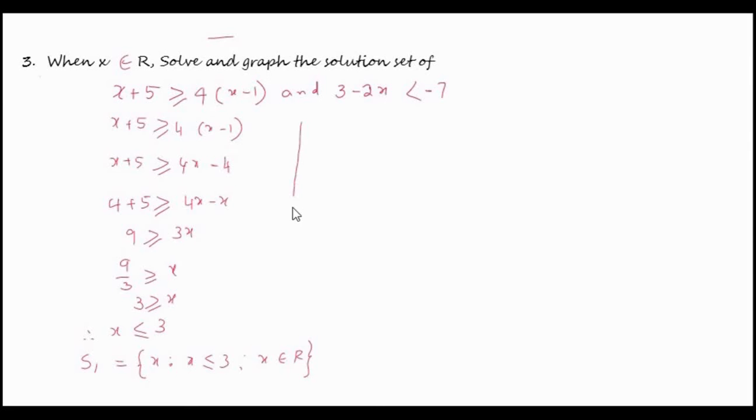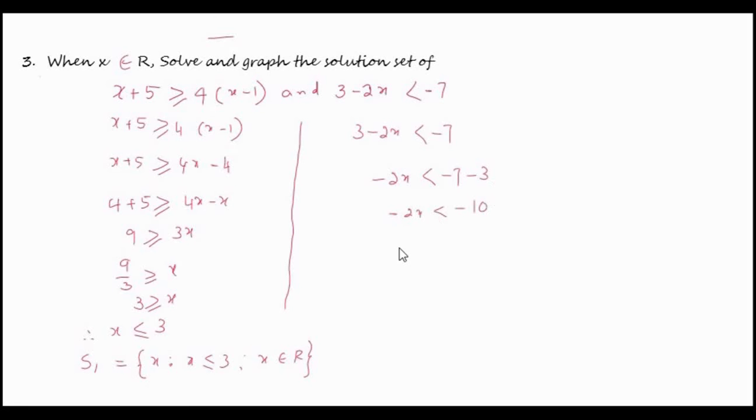Let us take the second inequation, that is 3 - 2x < -7. Let us take 3 to the right side. So -2x < -7 - 3. So -2x < -10.